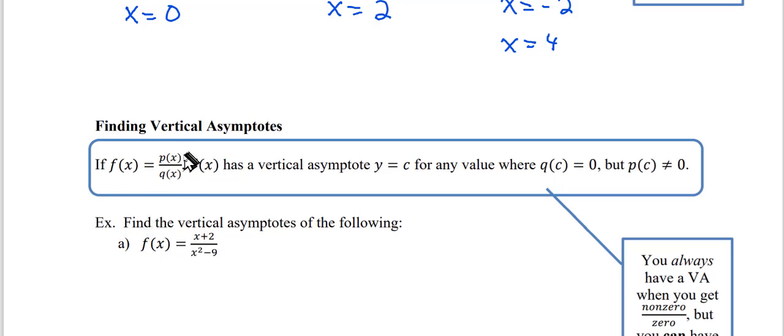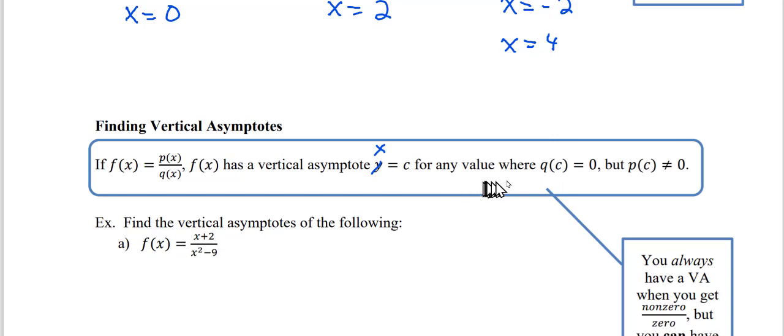We know a rational function is a polynomial over a polynomial. So here we're saying p of x is a polynomial, q of x is a polynomial. It will have a vertical asymptote, y equals c, no, that should be an x. Vertical lines are x equals a number.